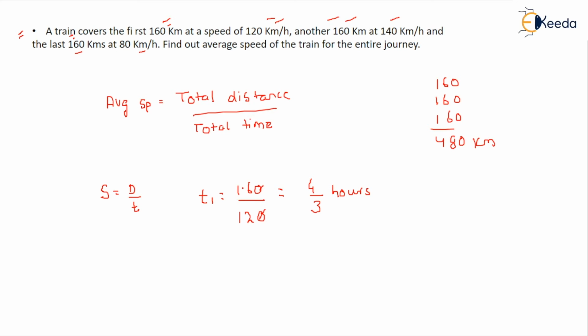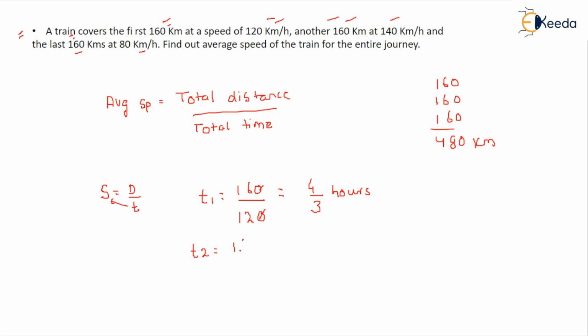So distance upon speed gives us time. For covering the first 160 kilometers, we required 4 by 3 hours. T2 will be the second time.